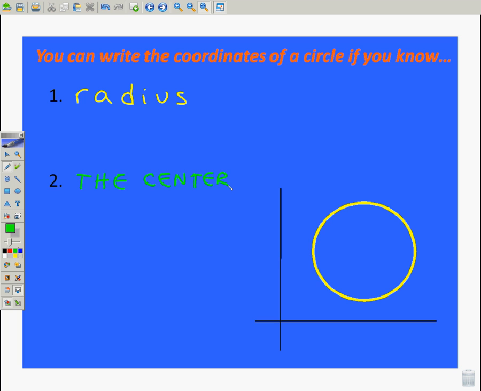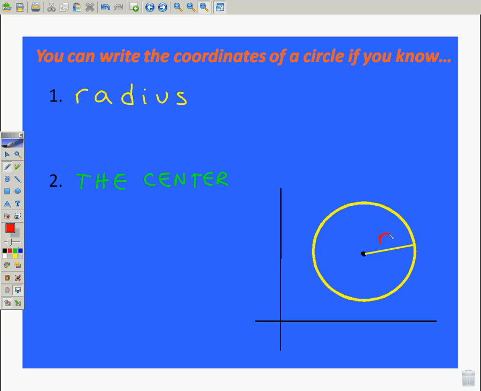Now this diagram in the bottom right hand corner, I'm going to go ahead and mark the middle just so you can see what I'm talking about here. I've got the center, and when I have that, I can run a line from the center to the outside, and I'm going to do it in yellow because I've already denoted the radius in yellow, and I can label that R for radius, okay?